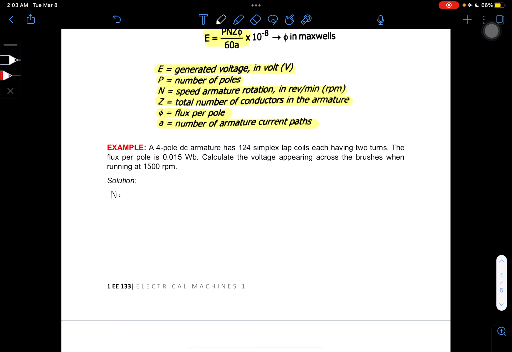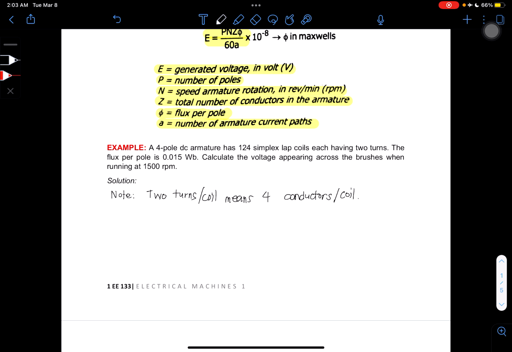So take note, as stated in the problem, 2 turns per coil means 4 conductors per coil. So take note of that.